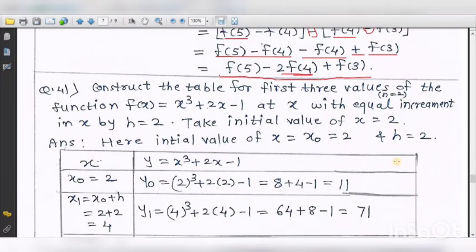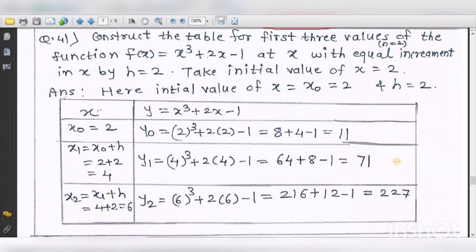Go to the next example now. The next example is based on the equidistant values of x and the corresponding values of the function. So the next example is, construct the table for first 3 values. Let us read it first.